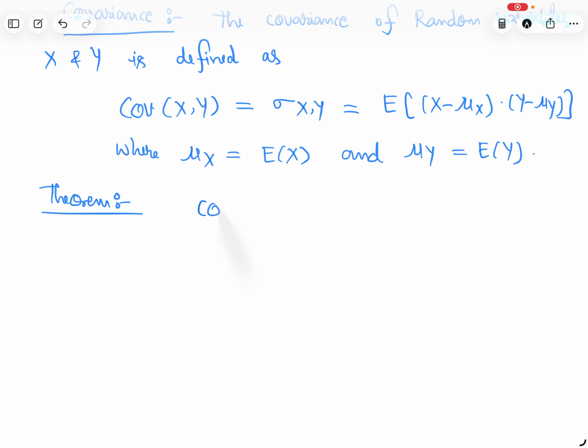Covariance xy is always equal to E of xy minus Ex Ey. So let's prove it.